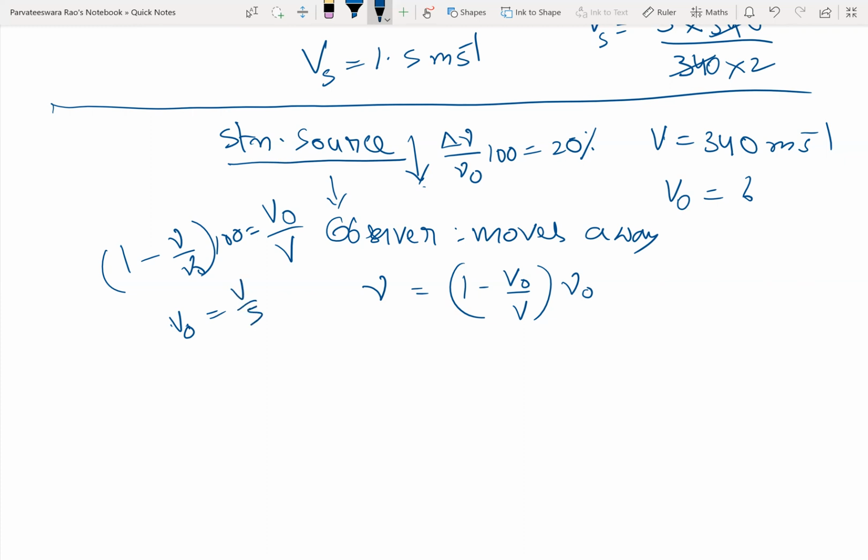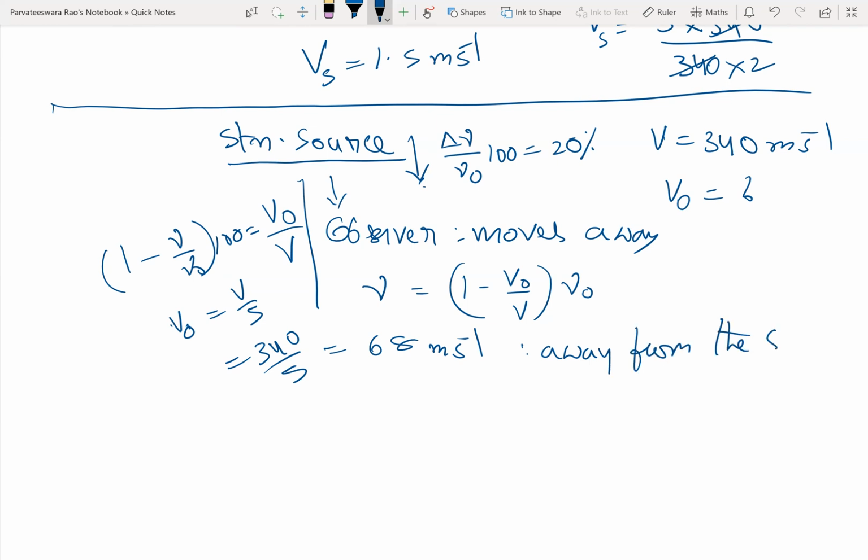So V naught is V by 5, means 340 by 5, 68 meters second inverse, away from the source. Decreasing means moving away from the source.